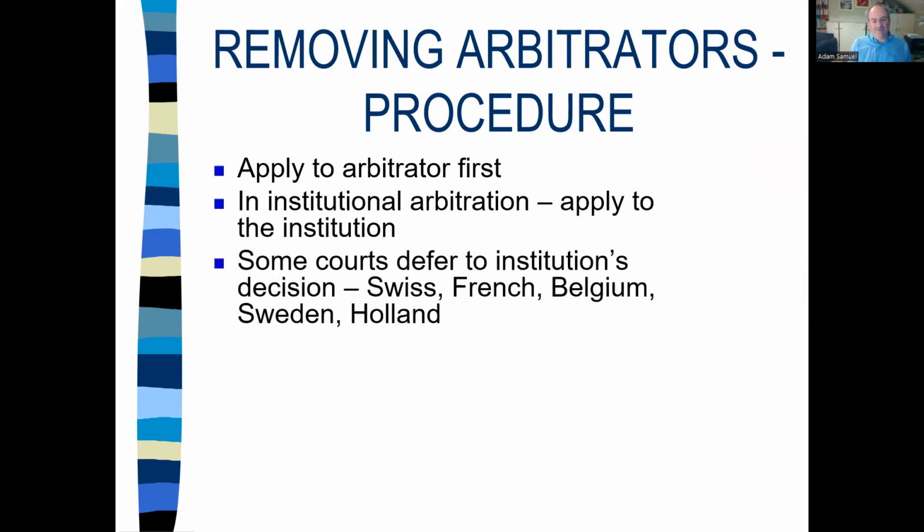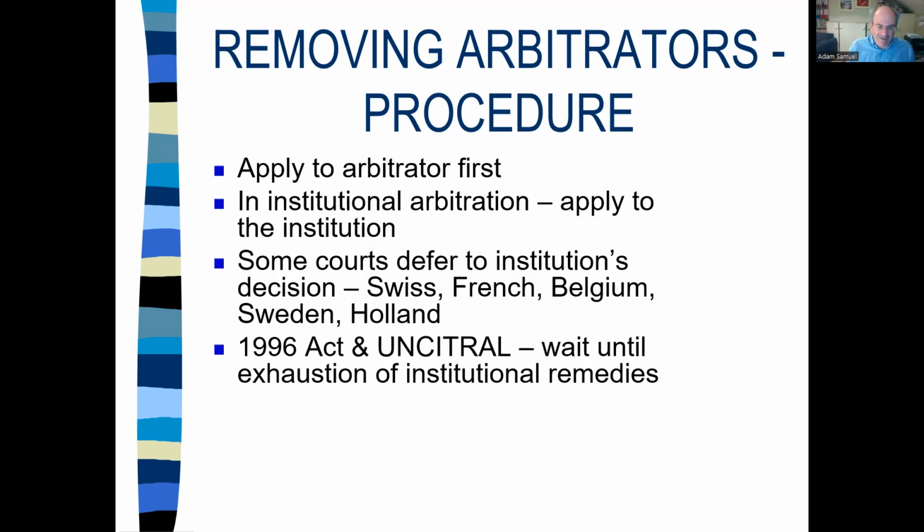And in a number of cases where you've agreed to a procedure, which you will have done if you've signed up for ICC or LCIA arbitration, then the national court just simply won't disagree with the result. England and the Australian model law give you a second bite at the cherry if you're not happy with the institution's decision, but you have to wait till it's happened.